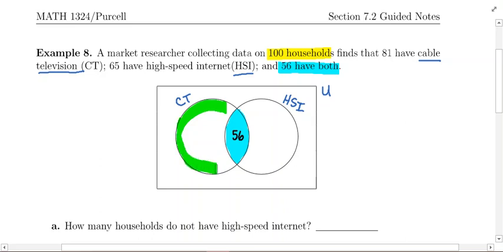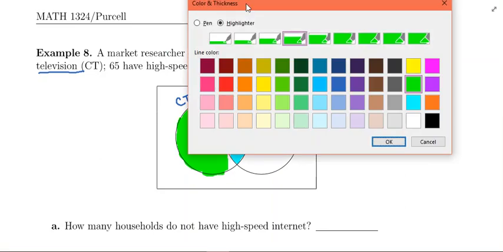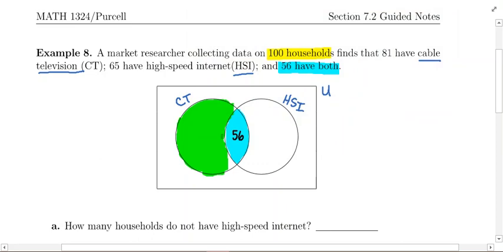Like I said, still in the cable television circle, but not in that blue part where it overlaps. Give me a second to shade this. There's a little bit more here, so let me get a smaller highlighter. All right, so I'm looking at this green part right here.